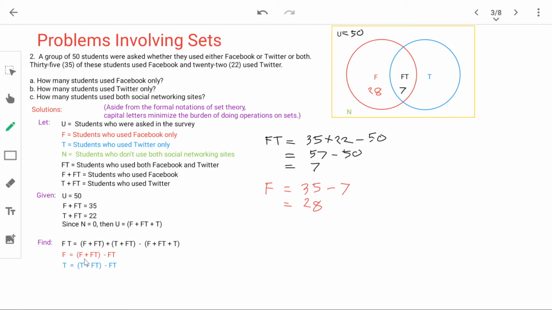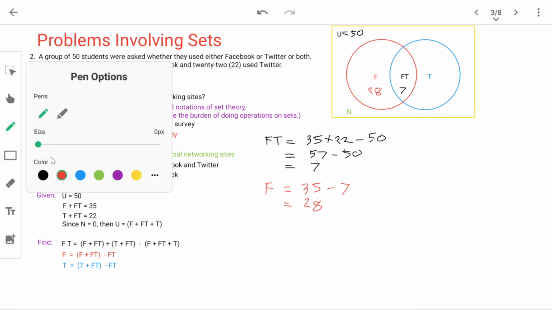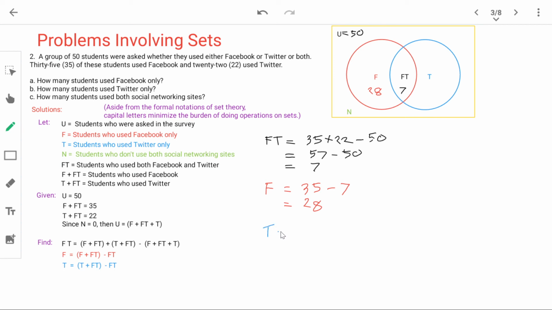And let's go to the last equation. T is equal to T plus FT minus FT, meaning we are dealing with question B. How many students use Twitter only?